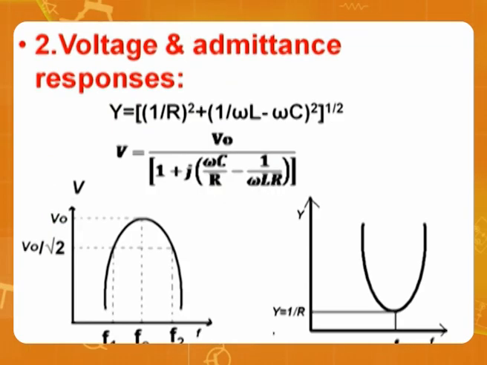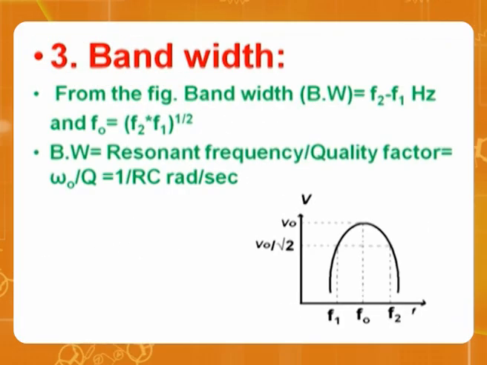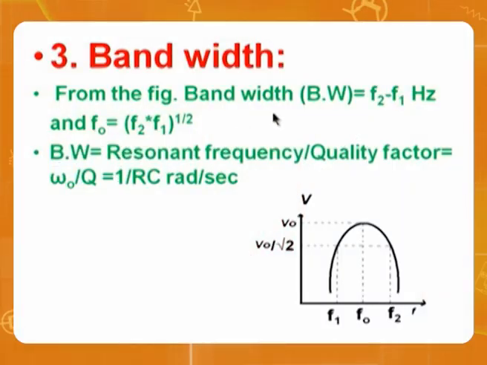Second, voltage and admittance responses. Admittance, as I told you, if you want the magnitude, it is the root of (1 by R) square plus (1 by omega L minus omega C) whole square. So calculate here. The same thing you can calculate. Whatever you got for I, you will get for Z. Impedance you can calculate.